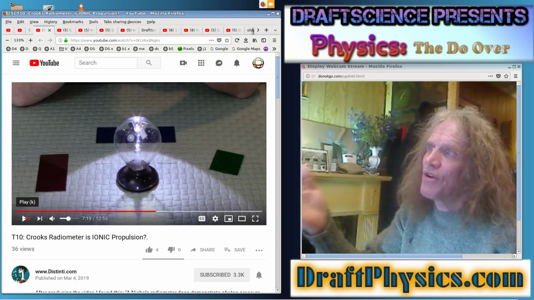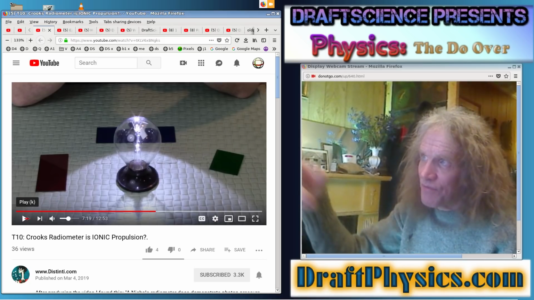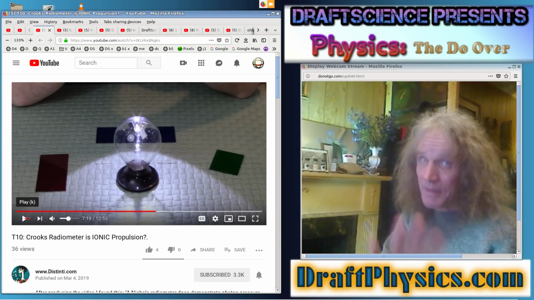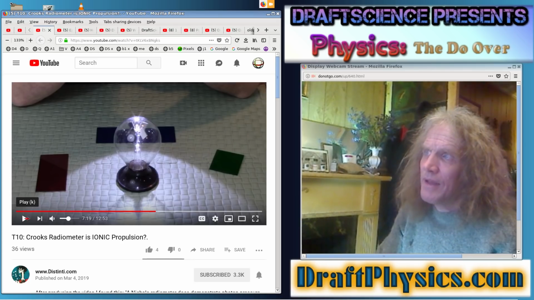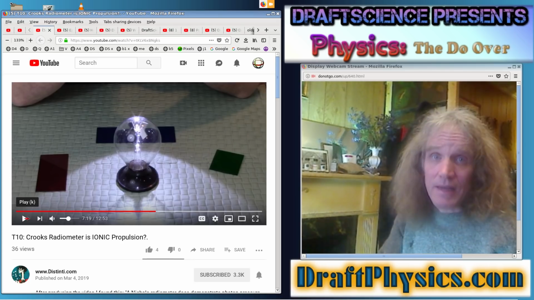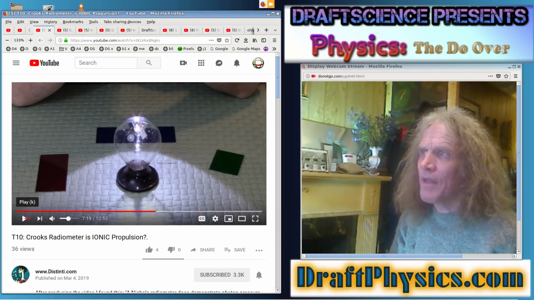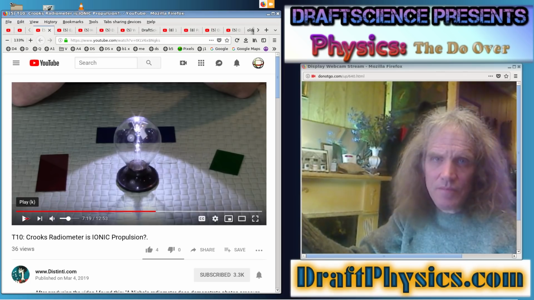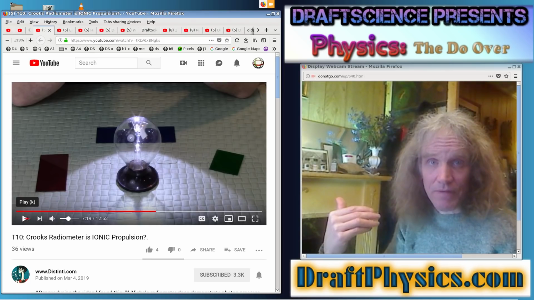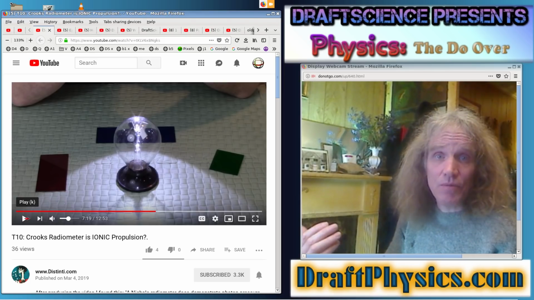So you could almost argue the function of this radiometer is, now I'm not saying this is the truth, I'm just saying there's lots of theories you could throw at it. And one of the theories I might throw at it is that when the higher frequency light hits the reflective surface, it does reflect off of it, and it stays what it went in.